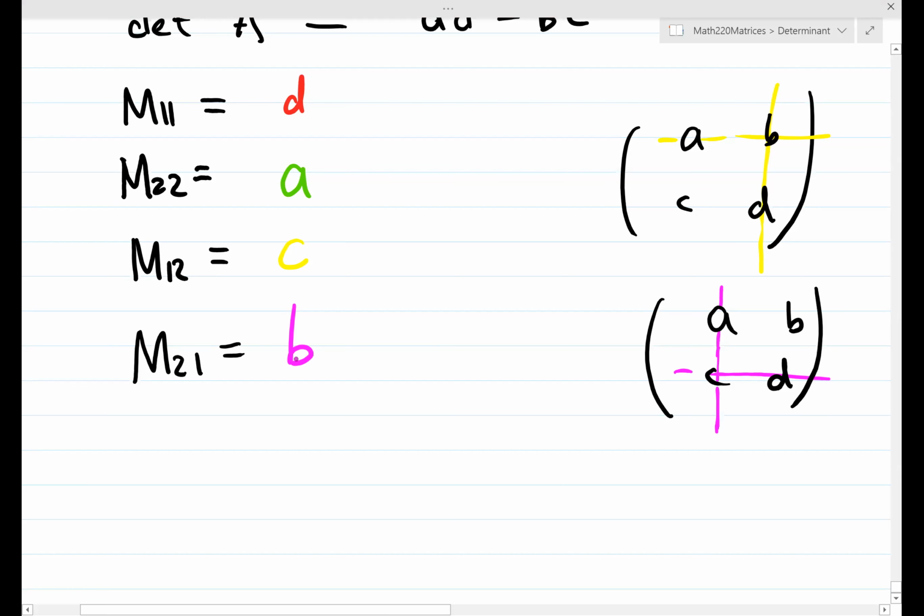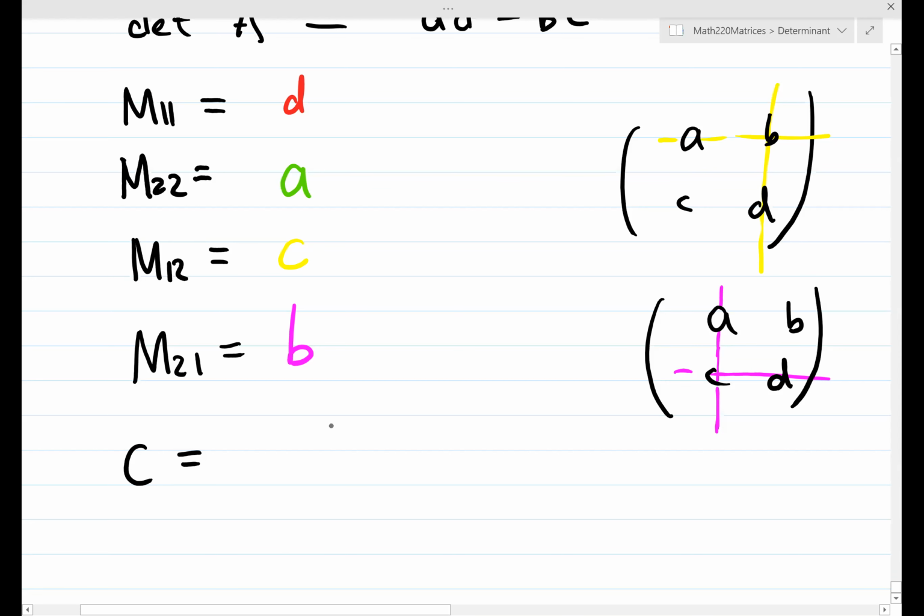Now we need to consider the cofactor. When we consider the cofactor, we should consider the alternating factor, -1 to the power I plus J, row number plus column number.